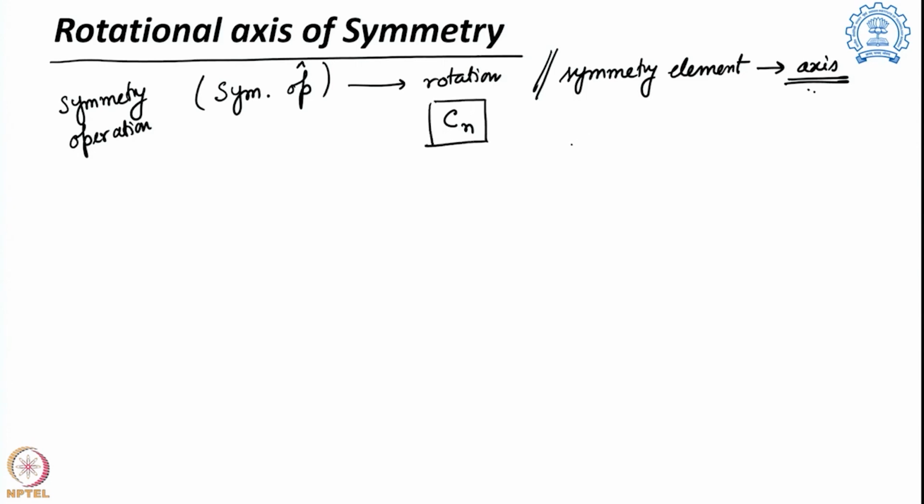That is how it is defined: a rotational axis of symmetry around an axis, and n is determined by the angle of rotation for a particular operation. If I divide 360 degrees by that angle of rotation, I should get an integer number, and that is defined here as Cn.